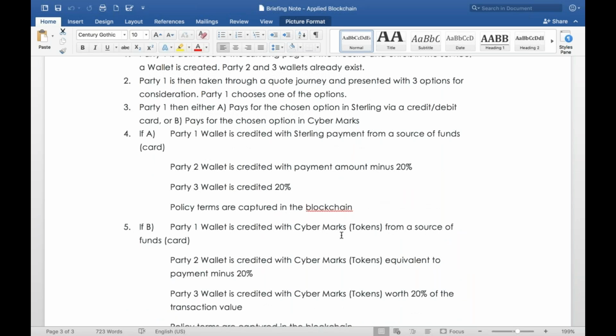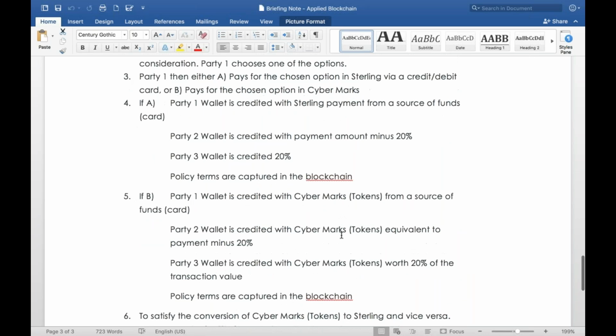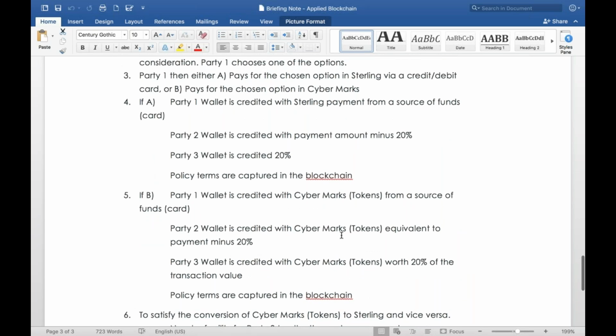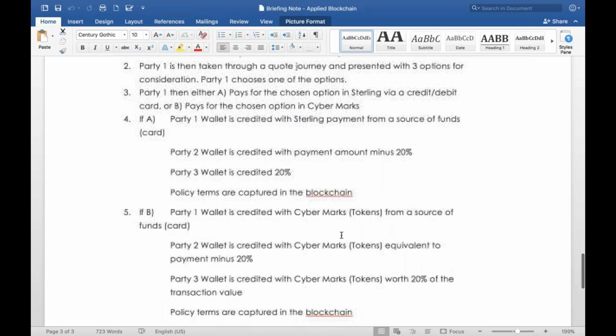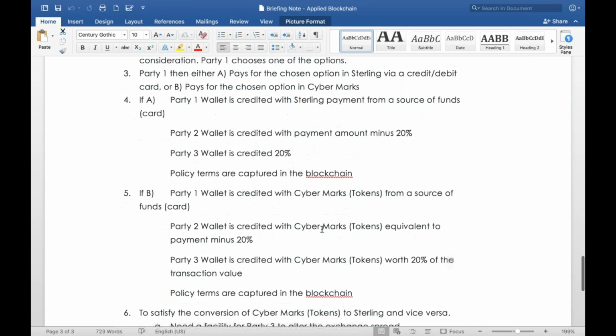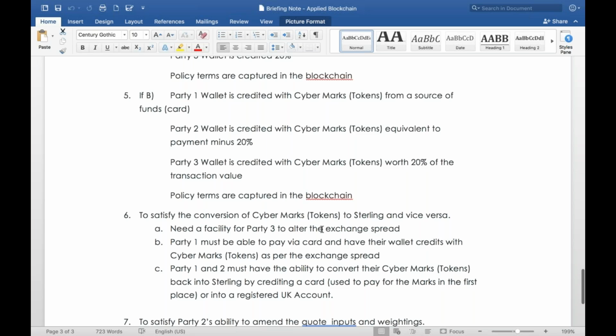And the last point, point 7, is that we need the ability to amend the code inputs and different parts, and a facility to amend the effect each question and code has on price, such that changes are reflected in the blockchain.